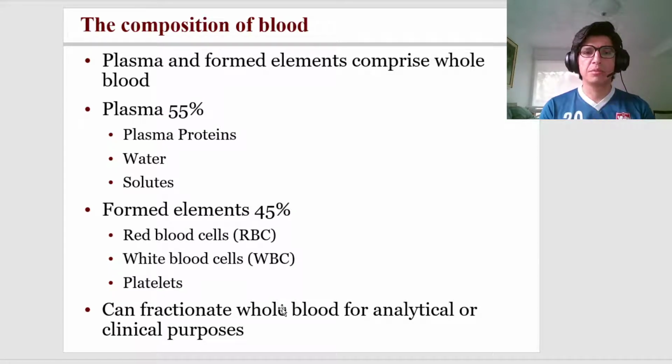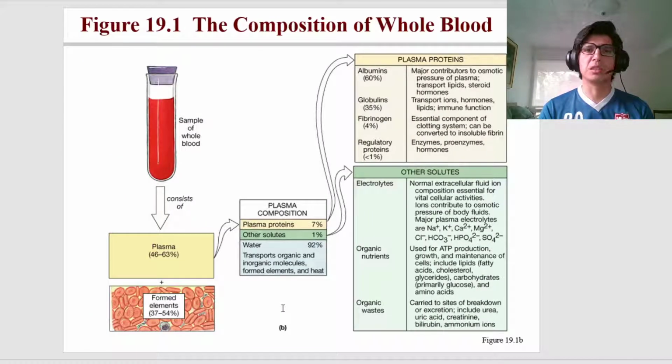If you centrifuge blood, fractionated for analytical purposes, you will be able to tell if there's any sort of infection or any sort of anemia just by looking at these percentages and the relationships to them.